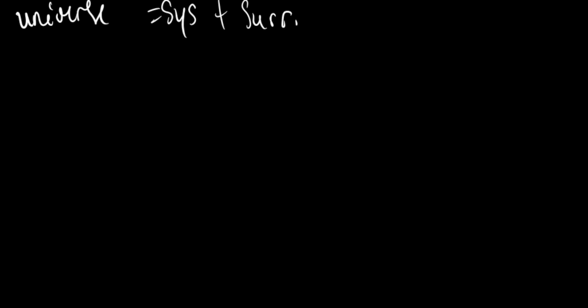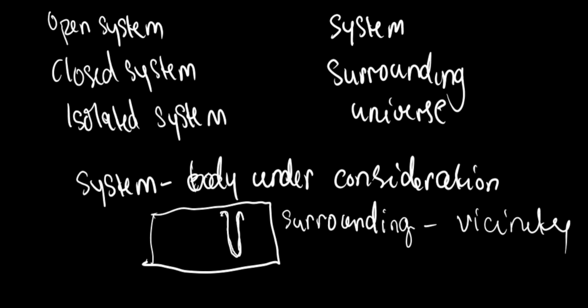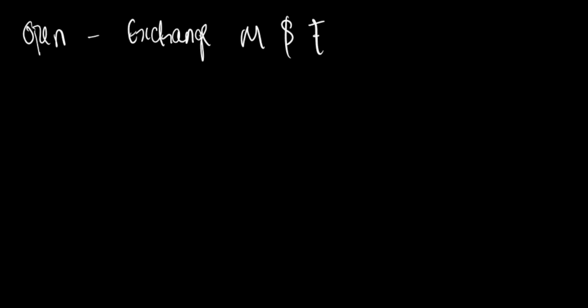Okay. Now, going back to the types of system that we have, the open system. Now, literally, it's as the name implies. When a system is open, it's able to exchange matter as well as energy. So, matter and energy is able to be exchanged. Now, taking a look at a closed system, a closed system is only able to exchange energy.